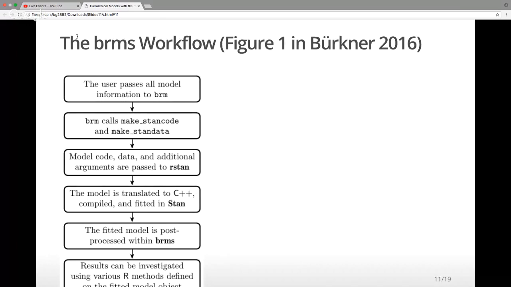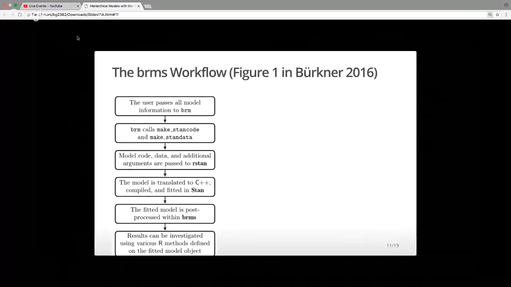Another way is to look at this figure from the reading. The user passes the formula, data, and stuff about the priors to the function brm. brm internally calls functions, which are actually exposed, make_stancode and make_standata. Then the code, the data, etc. are passed to the rstan package.